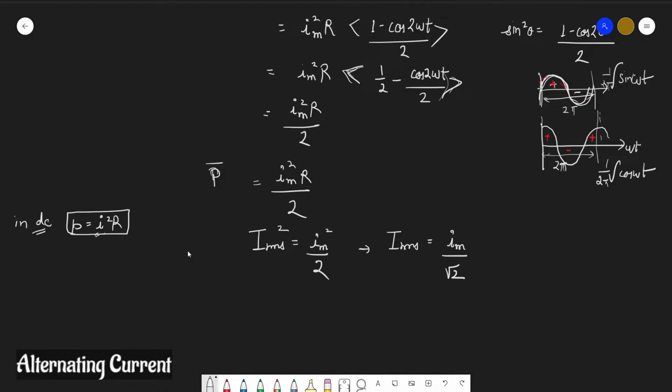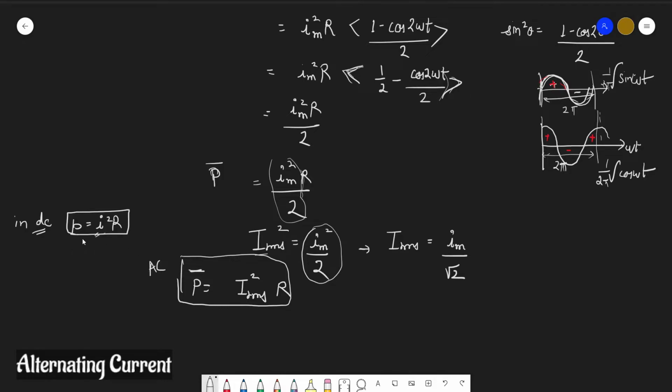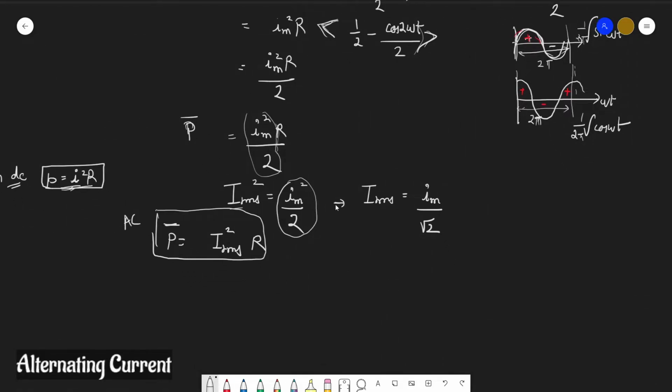This power expression reduces to Irms square R. Now you can see that in both circuits, AC average power and DC, the expressions have become equivalent. Whatever we call current in DC circuits is the RMS value in AC. So P equals Irms square R.